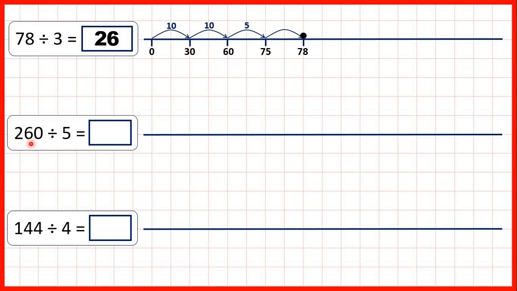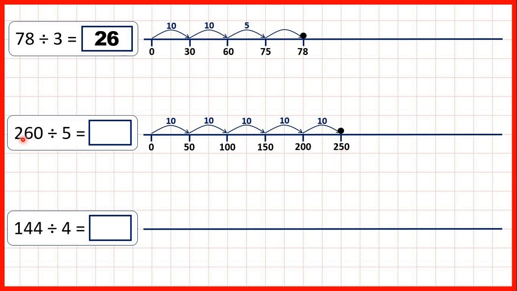Now 260 divided by 5. Here we're doing the same thing. We can jump 10 times 5 to get to 50, another 10 times 5 to get to 100, then another 10 times 5, and another 10 times 5, and then another 10 times 5. So now we've got to 250.